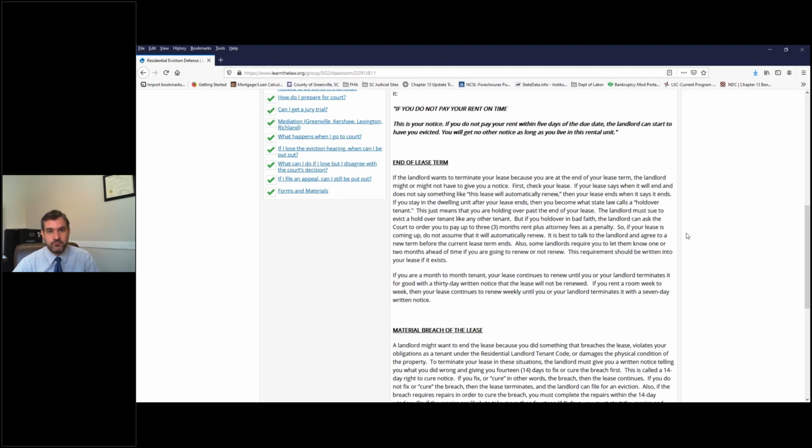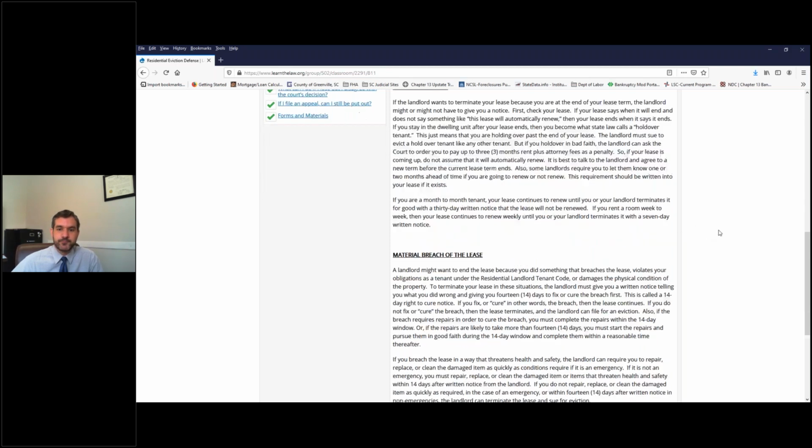And there's no notice required to terminate that kind of lease unless the lease has an automatic renewal provision, or unless the landlord has continued to accept rent well beyond the end of the lease term, which would convert it to a month-to-month lease. So look at the lease to see if the landlord has to give any kind of notice to terminate a lease at the end of the lease term.